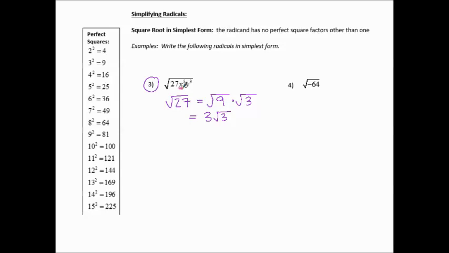I'm going to take a look at x to the 5th. Recall that x to the 5th can be written as x times x times x times x times x. I have 5 of them. When I want to take the square root, we are looking for pairs.